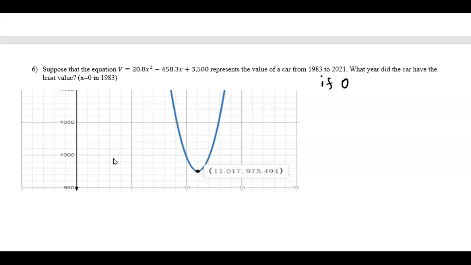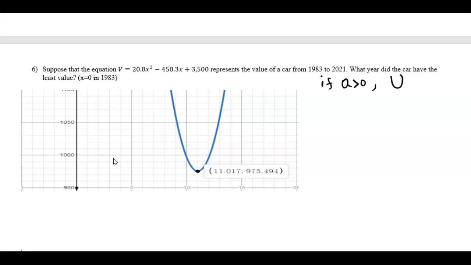If a is greater than 0, then you have a parabola that opens up.